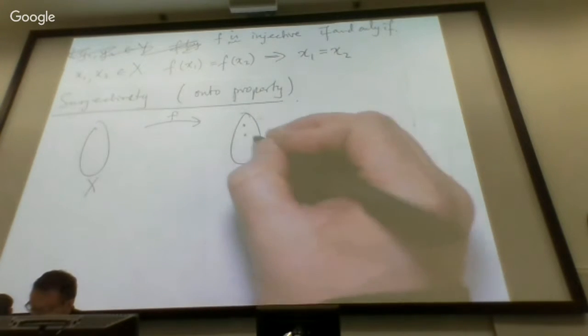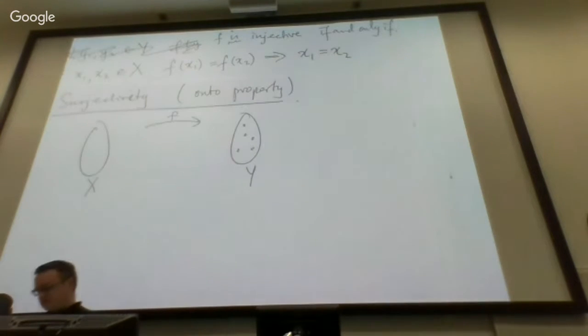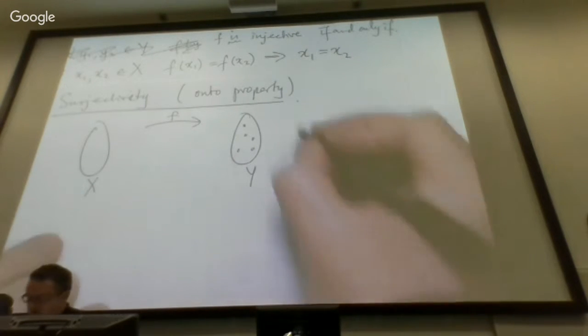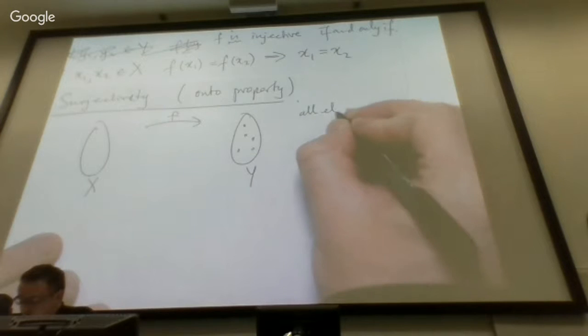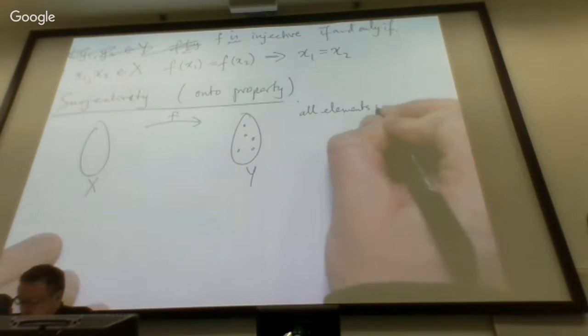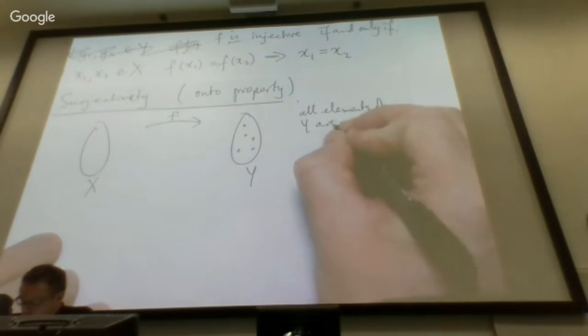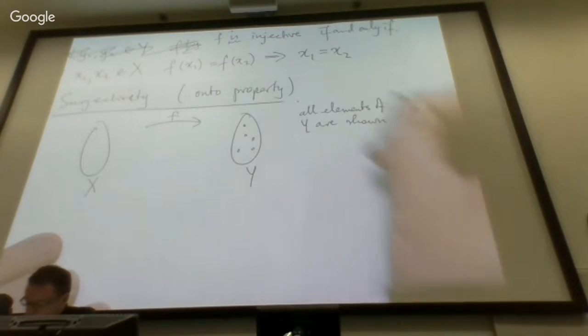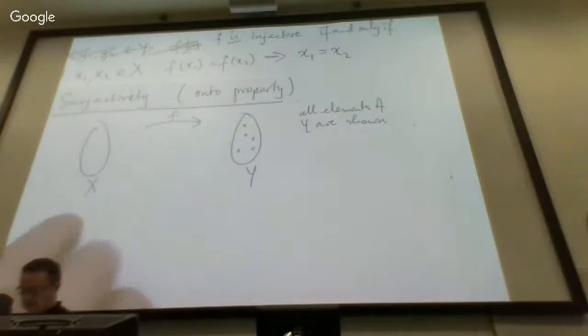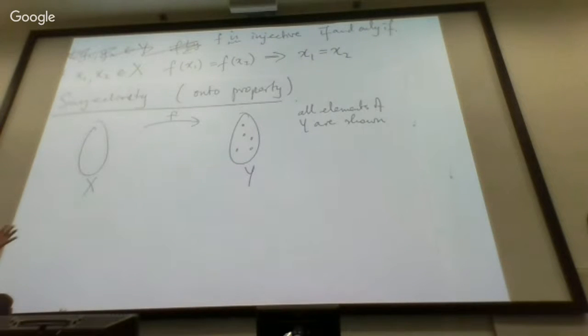And here the picture is that, okay, I'll assume in this picture that all elements of y are shown. So I have some bunch of dots over here, it could be an infinite number. These are the elements of y. I'll assume that they're all there.